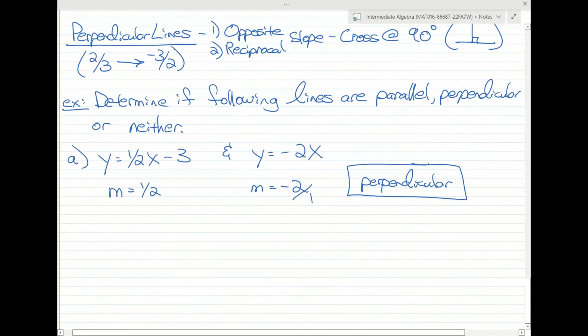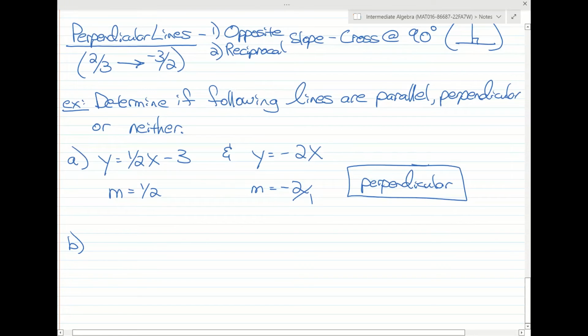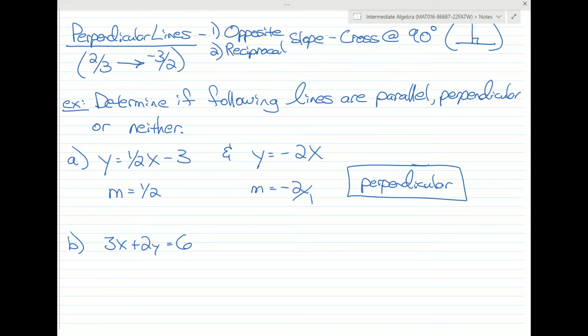And let's try something else. 3x plus 2y is 6, and 2x minus 3y is 12. We're going to have to do a little bit of work here. We have to get the y by itself.